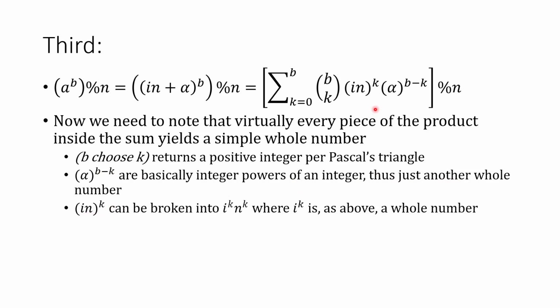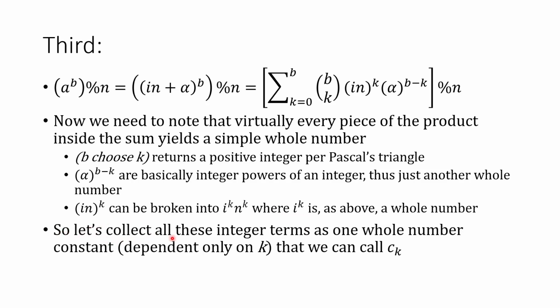And then this part in the middle could be broken down into i to the k, n to the k, where i to the k is, as above, a whole number. So i is an integer, an index, and then raised to the power of another index. Again, just a whole number. So let's collect all of these integer terms as one whole number constant, dependent on whatever k we are at in the sum, and we'll just call that c_k.